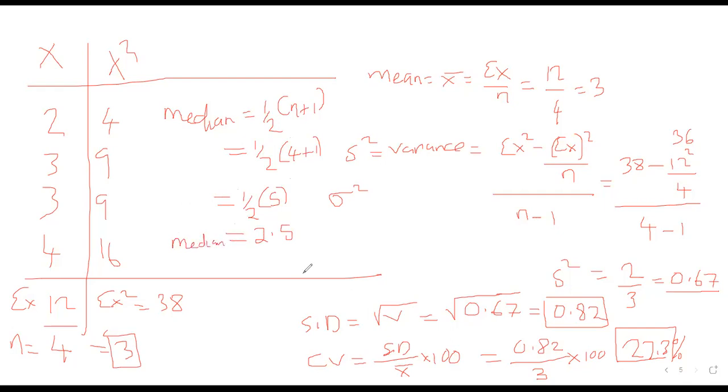So that's the position. So we go to the second position plus third position divided by 2 because it's a 0.5. So 3 and 3, if the number is the same, just pick it up. 3 plus 3 is 6 divided by 2, 3. So our median will be 3.